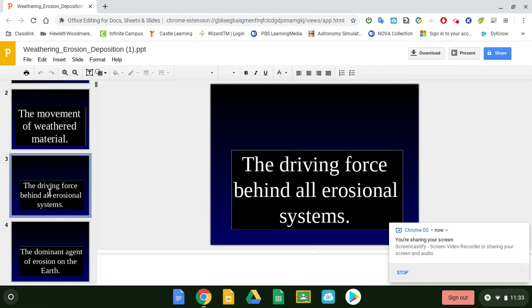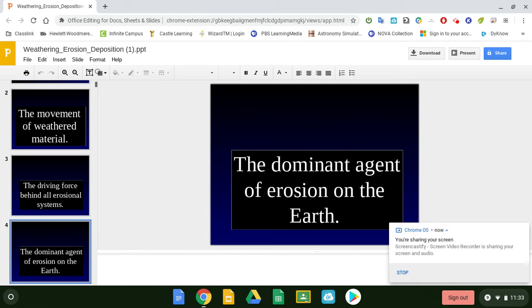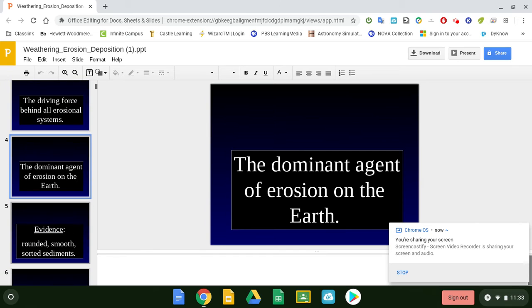The driving force behind all erosional systems: gravity. All right, so put that down wherever it is. Gravity is causing everything. The dominant agent of erosion is rivers, or running water.